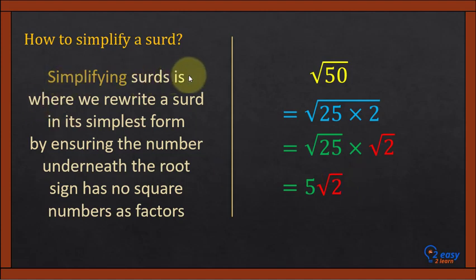So simplifying a surd is where we rewrite a surd in its simplest form by ensuring the number underneath the root sign has no square number as a factor. So let's discuss more examples to clear this concept.